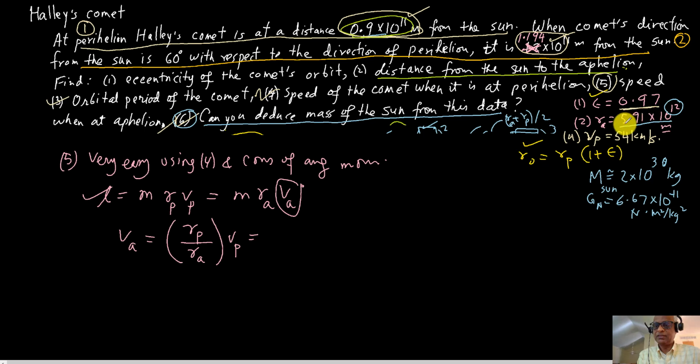And you can see this is 59.1 times 10 to the 11, and this is 10 to the 11, so they're going to cancel out. 0.9 times 54 kilometers per second. And so you can see that this is almost like 600 times that. R_P V_P.